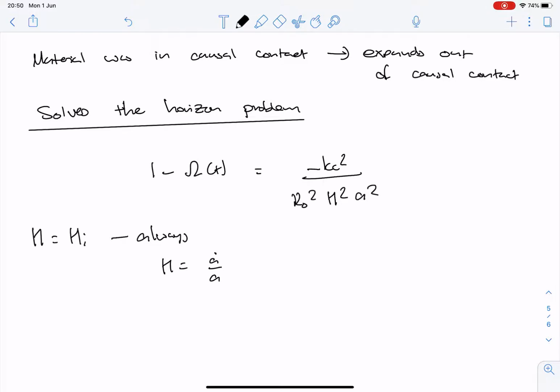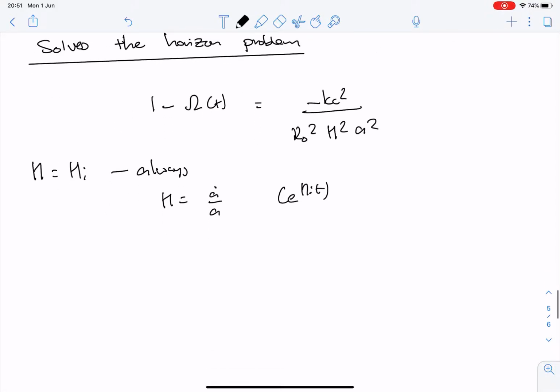And for an exponential, e to the H_I t, a dot over a is just H_I. So the Hubble parameter is always H_I. So 1 minus omega at the time of the finish of inflation is 1 over a squared, which is proportional to the exponential of minus 2 H_I t.